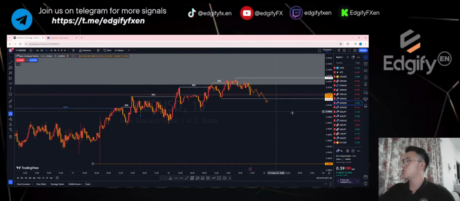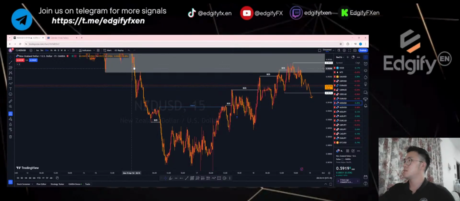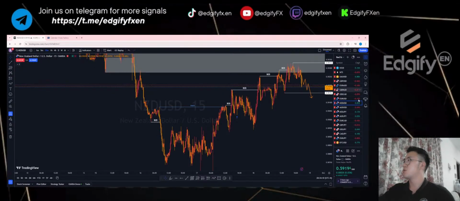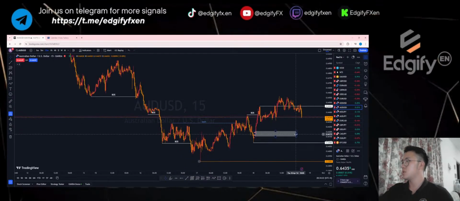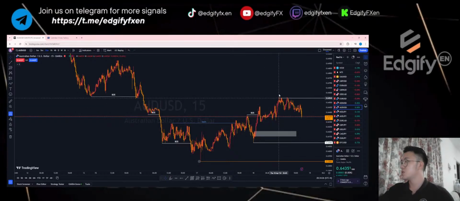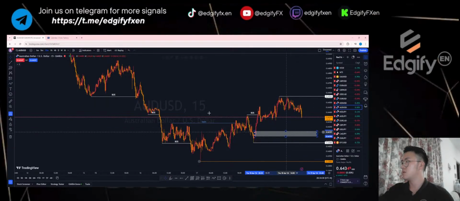let's move on. EUR USD at the moment, there's still no confirmation. Okay, AUD USD, we have a break above. Okay, this is where we are looking at the zone on the 15.